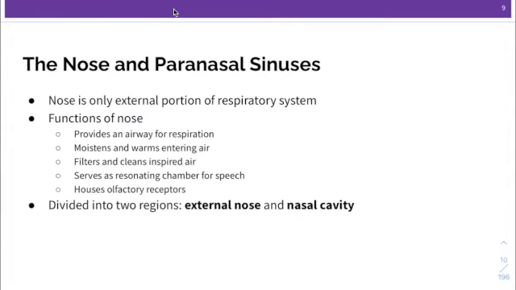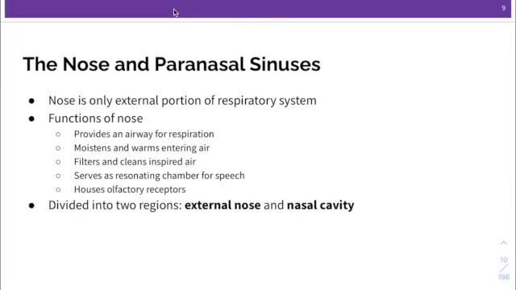So our nose provides that airway for breathing. When air is breathed into your nose, it goes through those hairs just inside your nose. It filters and cleans the air, tries to get rid of any kind of microbes or particles that are in the air. Then as the air gets up into the nasal cavity, it gets moistened and warmed before it goes down into the lungs.